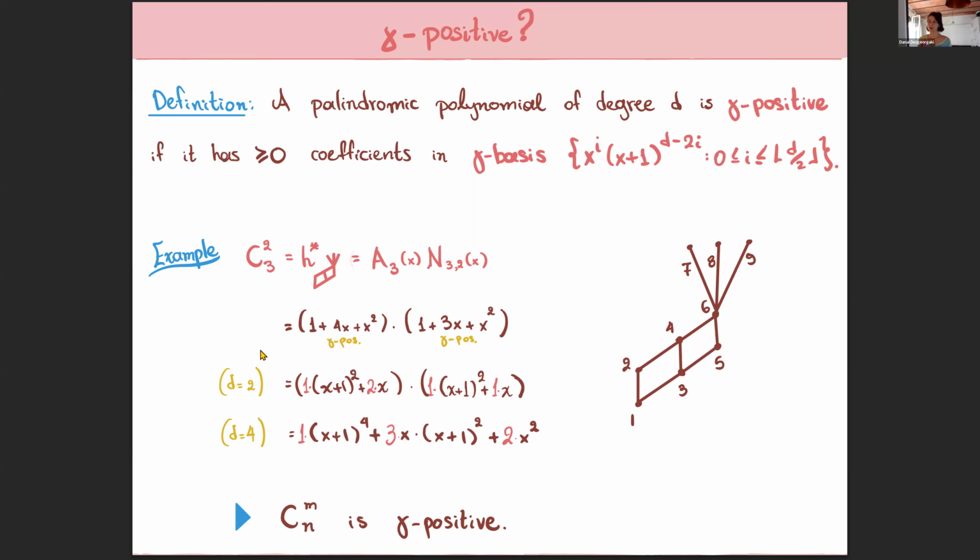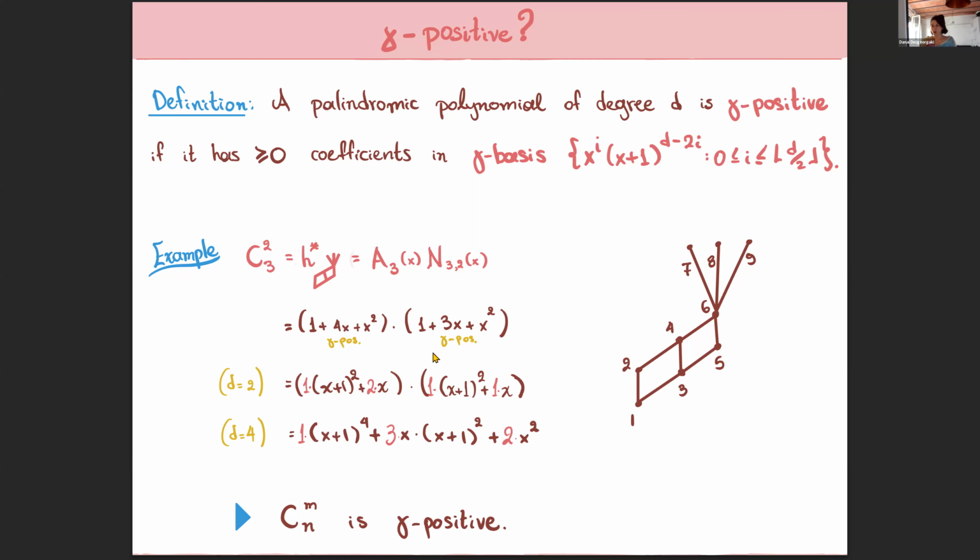That means my Eulerian polynomial that was 1 plus 4x plus x squared here can be expressed in that basis, and the coefficients in this case turn out to be 1 and 2. They're actually known to enumerate certain permutations in terms of peaks and avoiding double descents.